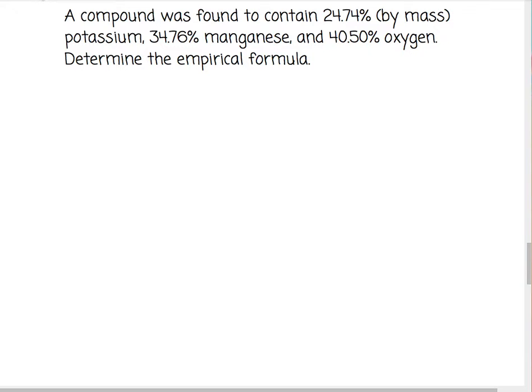And in this case, the question is telling us to determine the empirical formula. So we're looking for an empirical formula, and we were given percents.